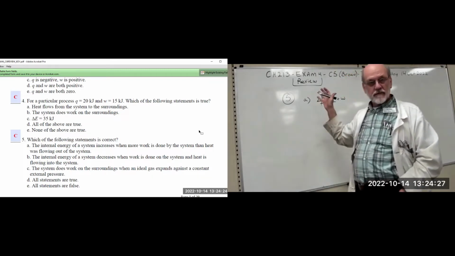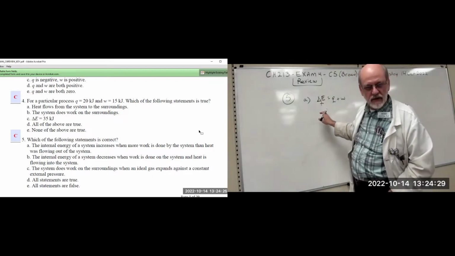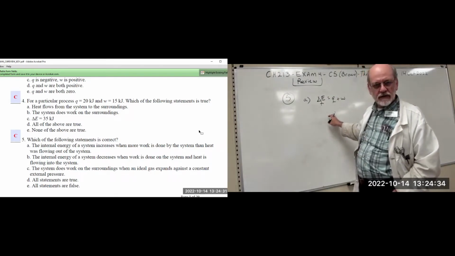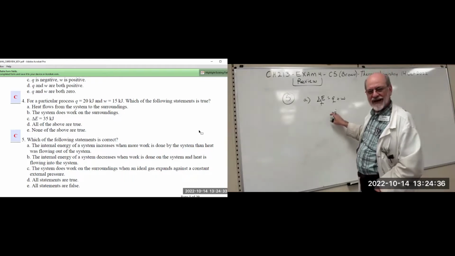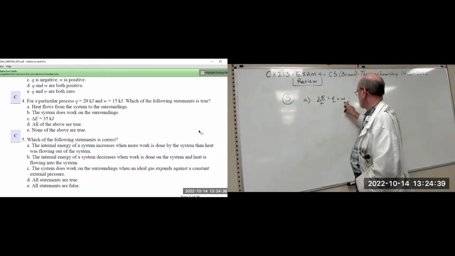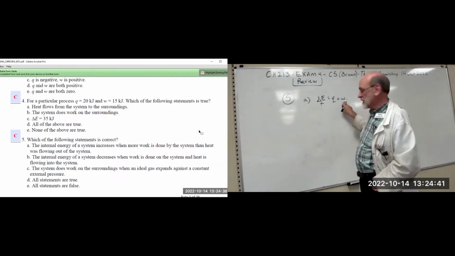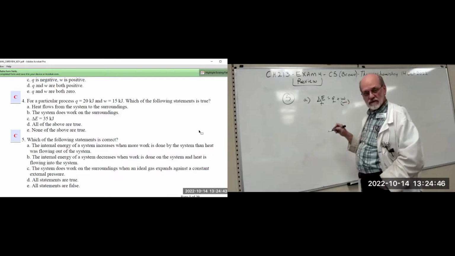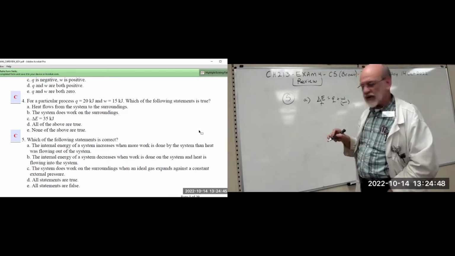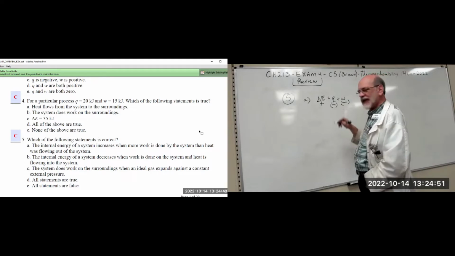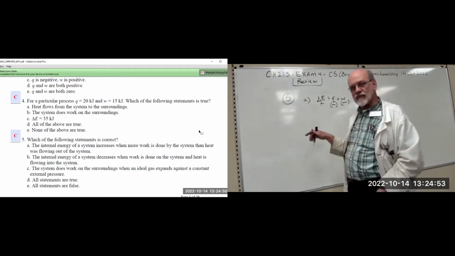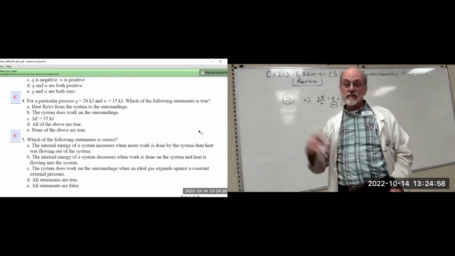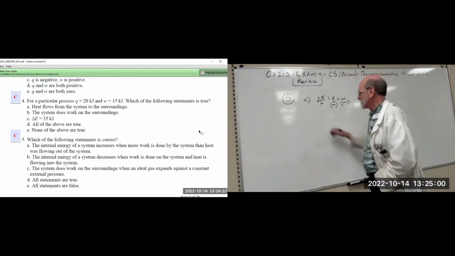Under what circumstances? If work is done by the system, it's negative. Then heat was flowing out of the system. They're both negative. So delta E can't be positive, right? You can't add 2 negatives and get a positive. You can only multiply 2 negatives and get a positive. So this one's false.